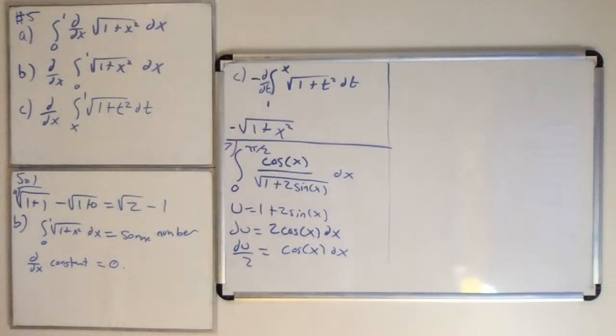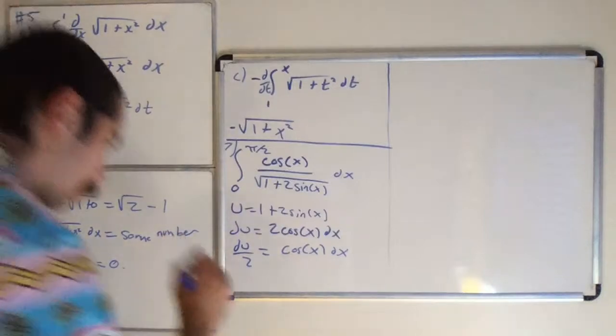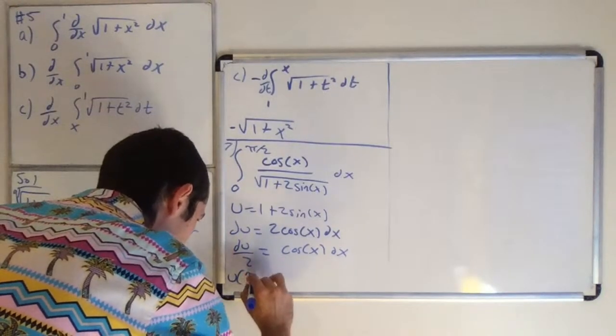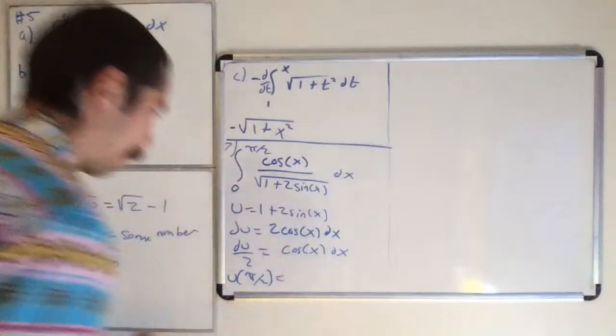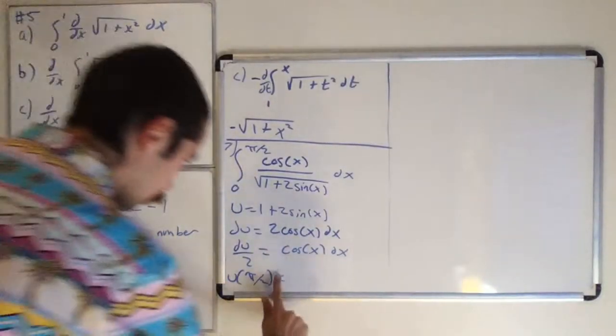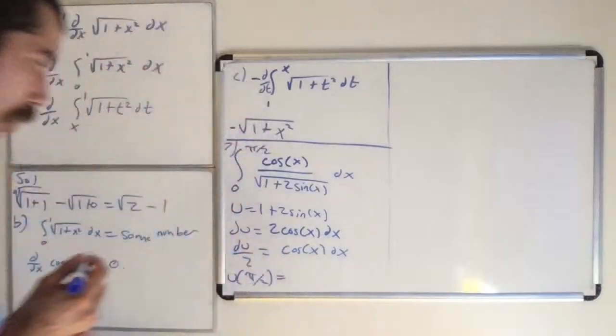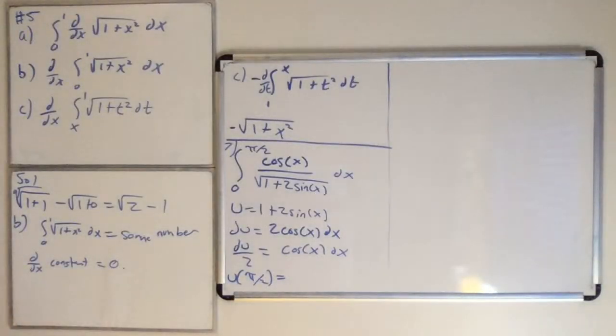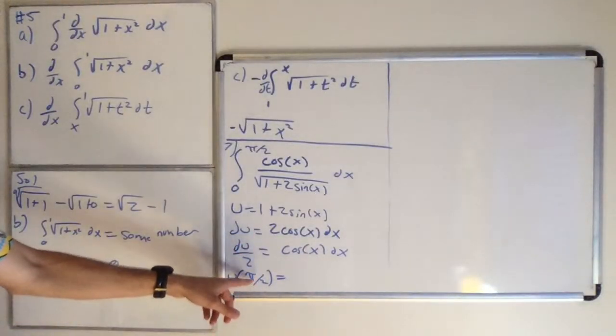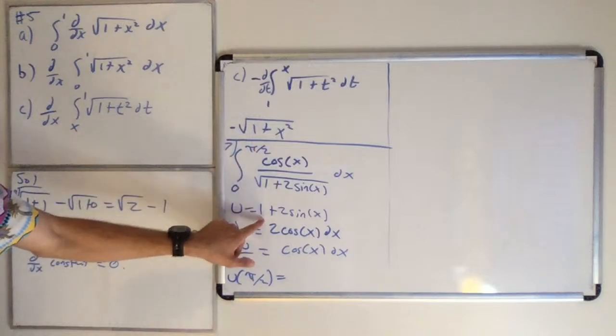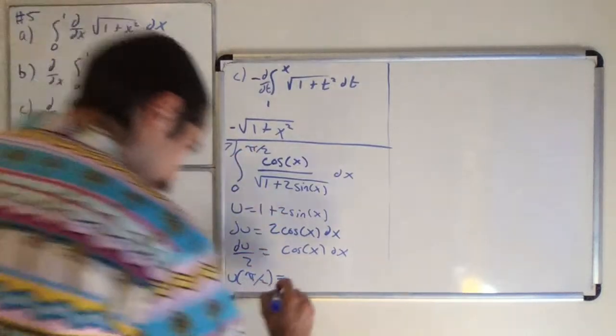And the bounds? U of pi over 2 is equal to 1 plus 2, which is 3.